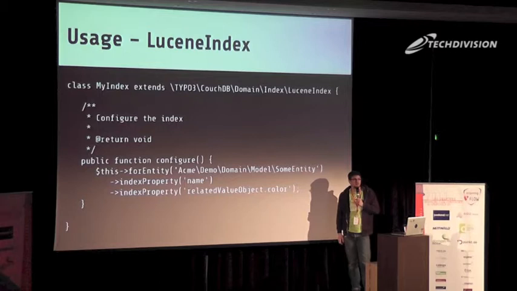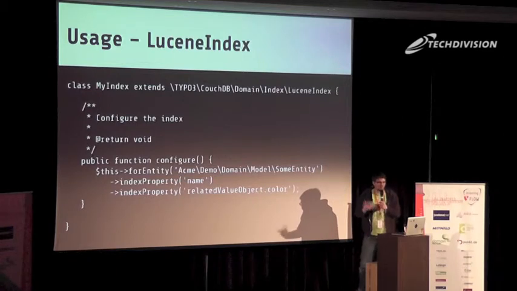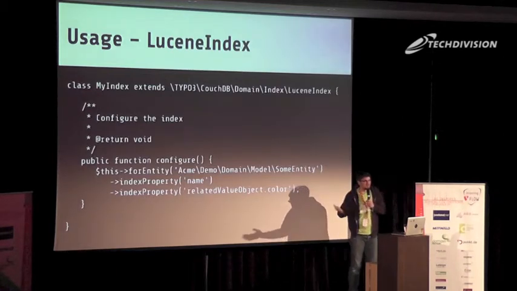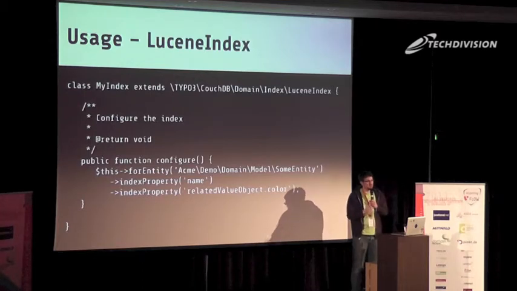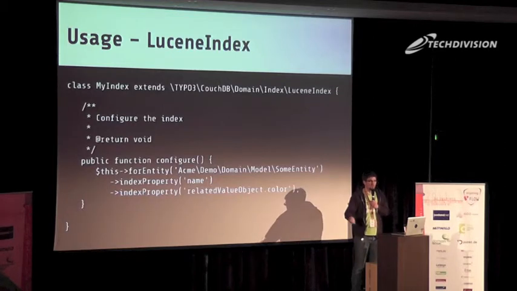You can have it work with Lucene indexes in Couch, so you need to configure that at some point, and then you create or extend a Lucene index class that's coming with the package, and you index this property and that property, and then later on you can use that for querying.